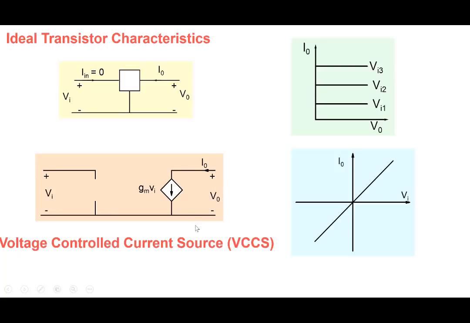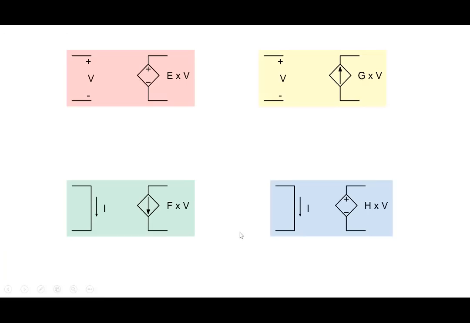So again, we see that in order to understand a MOSFET or a transistor and to use it in a circuit, we need a model, right? We need mathematical models of all the elements that are there in a circuit. And in order to model a transistor, we require use of an element called a voltage controlled current source, right? So these are, as I said, ideal MOS characteristics.